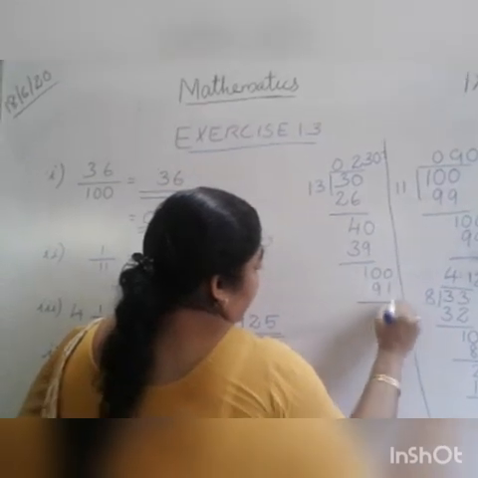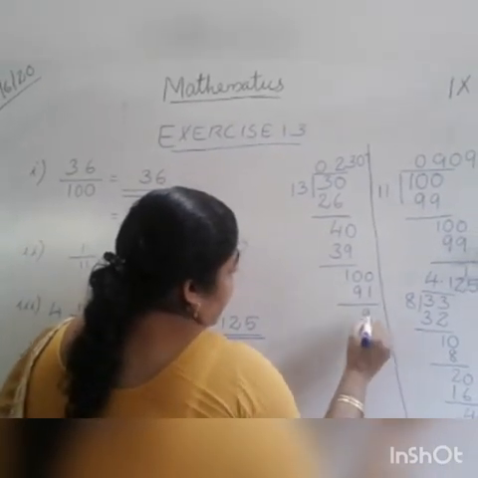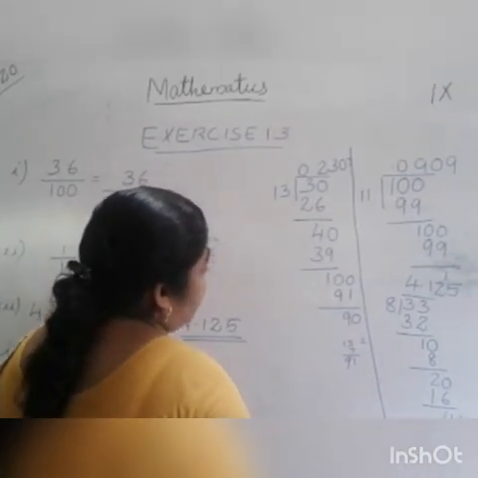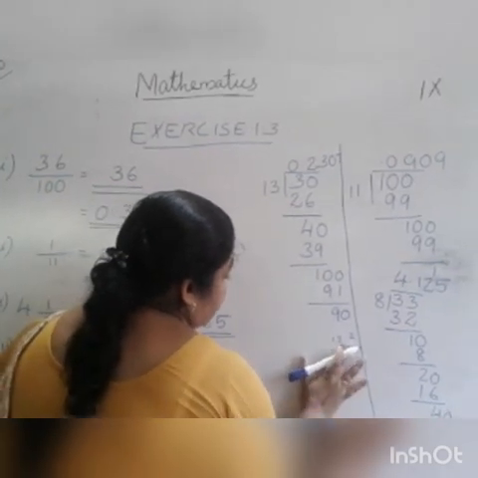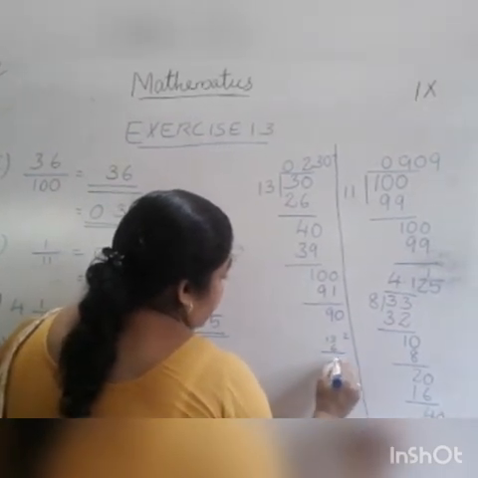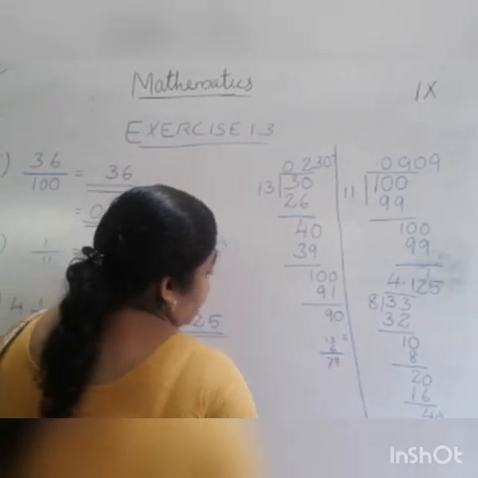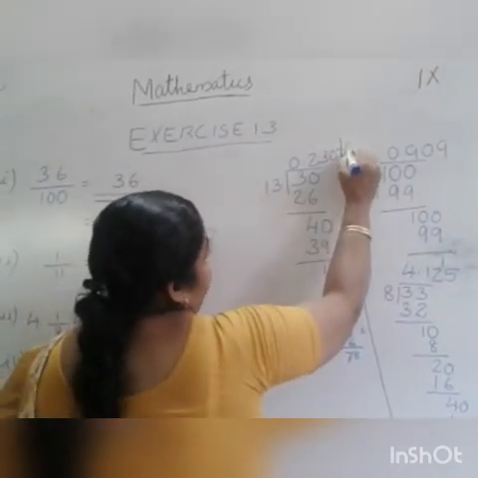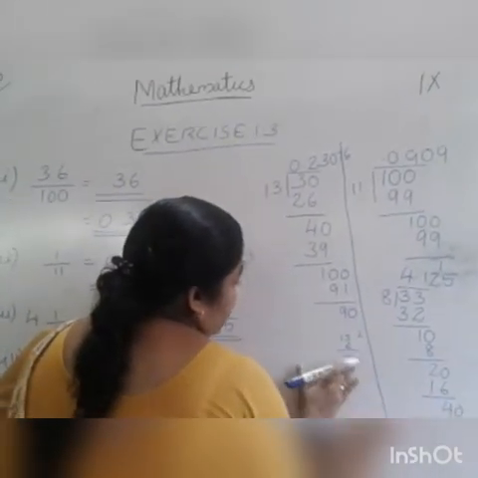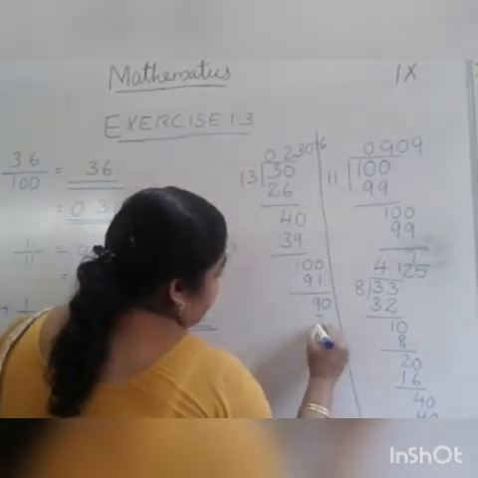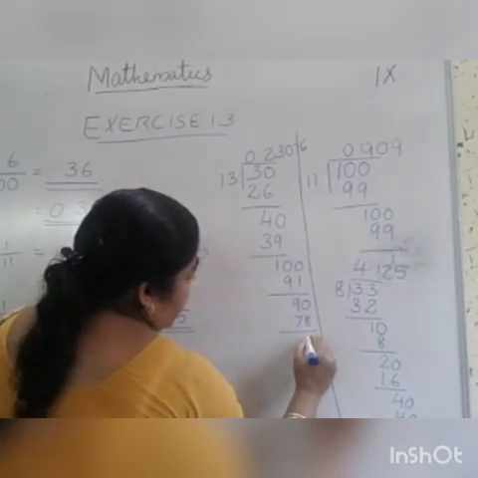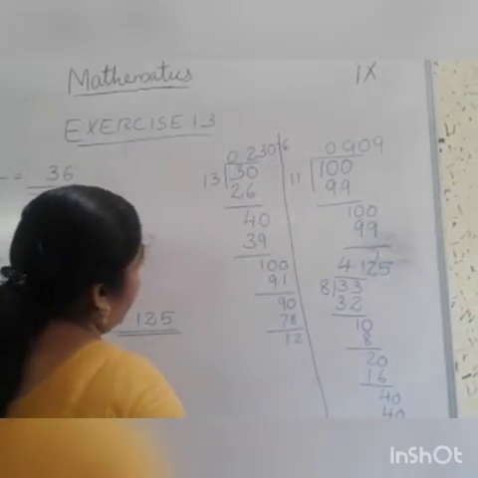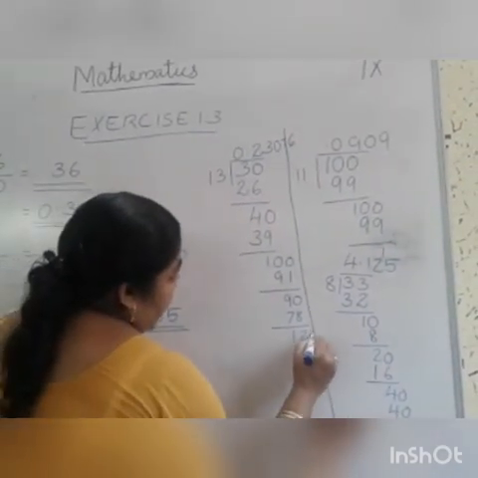91. Then what is remaining? 9. In 90, how many 13s are there? 78. That is 6. Here 78. 2, 12. Then 120.